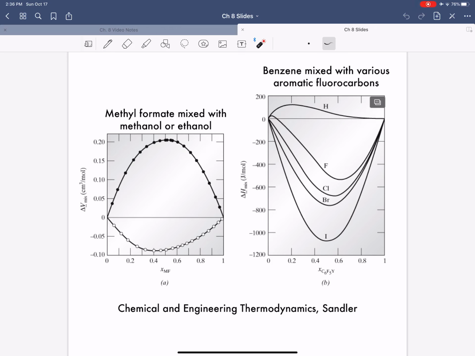Looking at these data, what one would want to figure out is, if we're at any point along these curves, we know that the species in this mixture have some sort of effective volume, their partial molar quantity, or some effective enthalpy as well, that leads to these parabolic shapes.